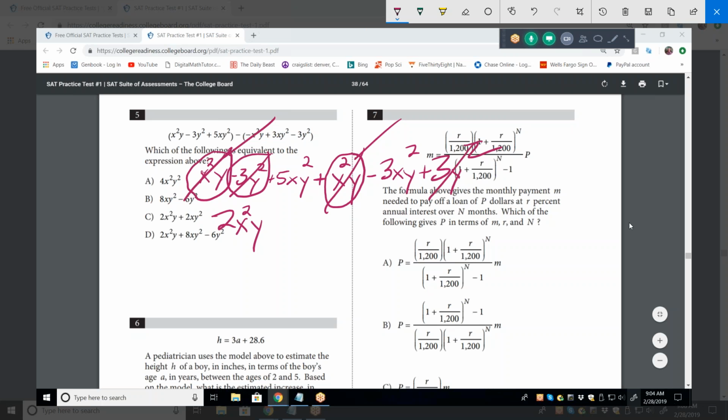Looks like the only thing we have left are these two. What do they combine to? 2x squared y. Okay, I do need the plus sign because it's part of a polynomial. Mm-hmm. And it's 2xy squared. Oh, yeah. That's that answer.